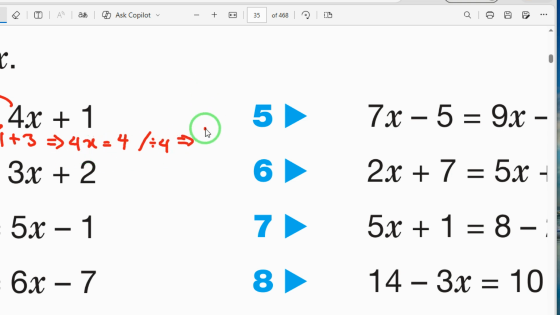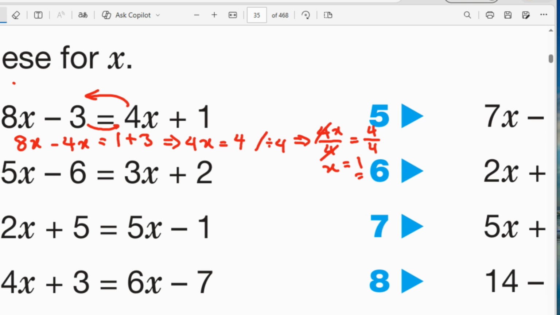Here become 4x divided by 4 equal to 4 divided by 4. Then we simplify, just remain only x equal to 4 divided by 4 gave us 1. This is the answer.